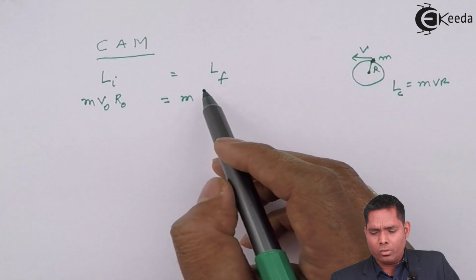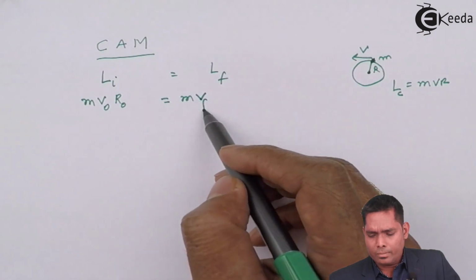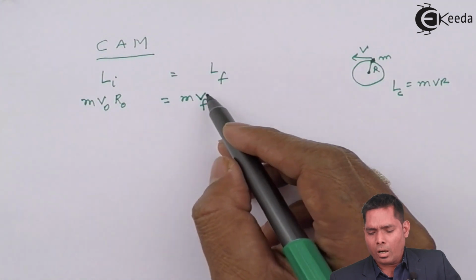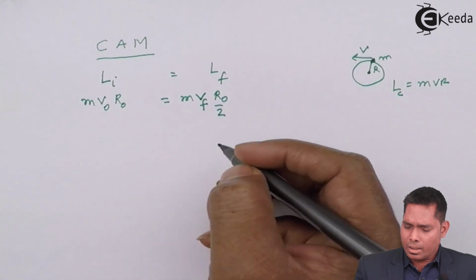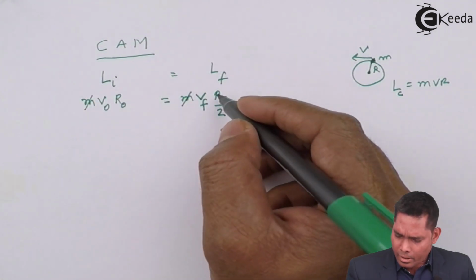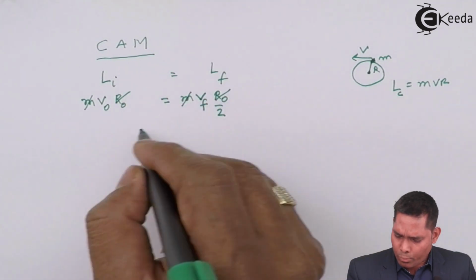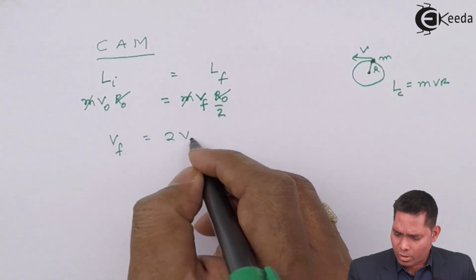What will be the v? V will obviously change. I don't know that. Suppose that v is v final. m v r, where r is r naught by 2. If I use this, m cancels and r naught cancels. So v final is 2 times the v initial.